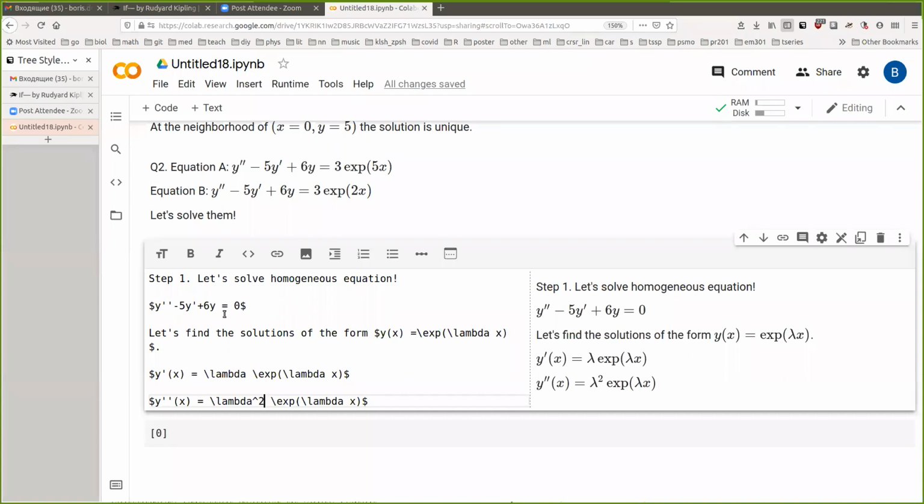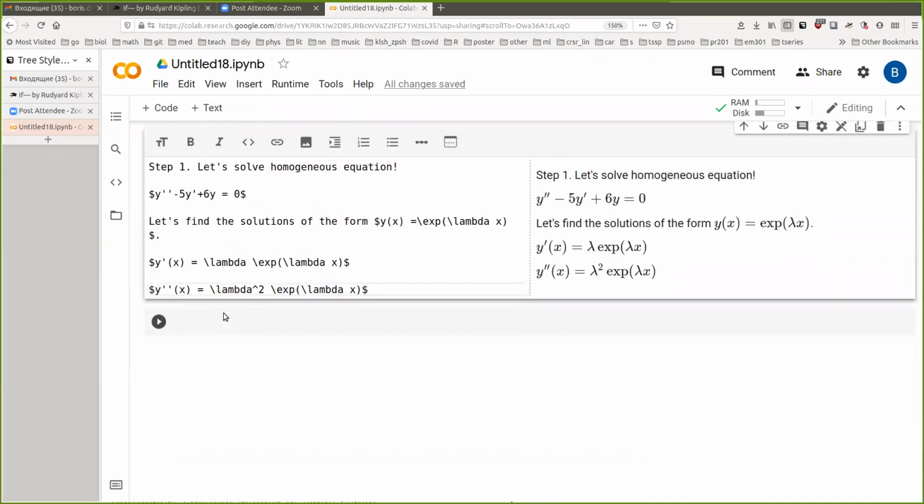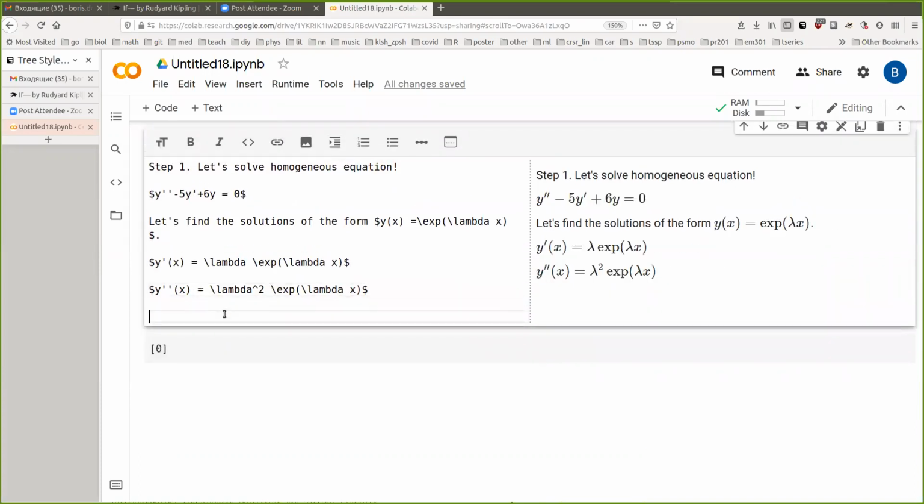Everything is okay? Yeah. We plug these expressions into our homogeneous equation, and we immediately obtain the equation that now looks like that.